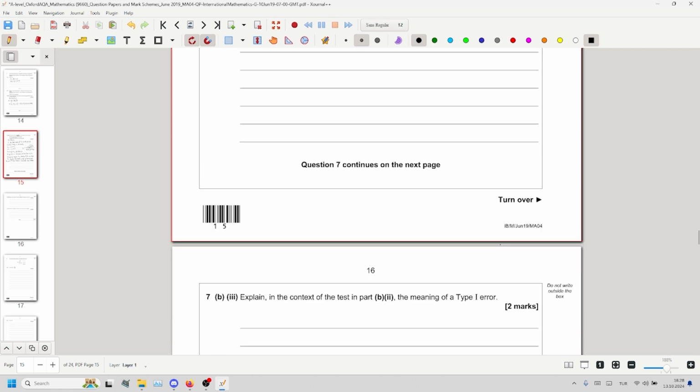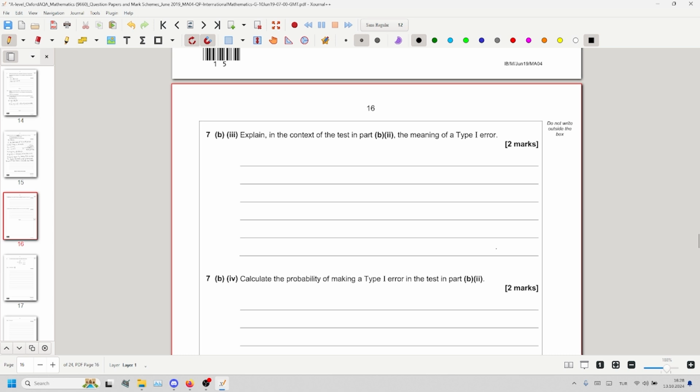Now the next question is the exact same question as before. It asks us to explain in the context of the test what the meaning of a type 1 error is. So a type 1 error, again, is to reject H0 when it is true.